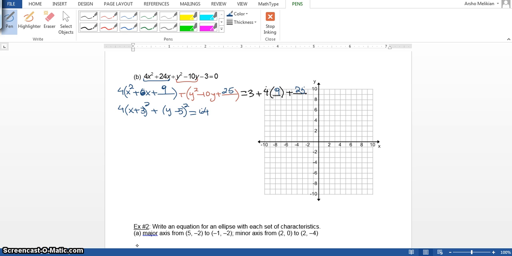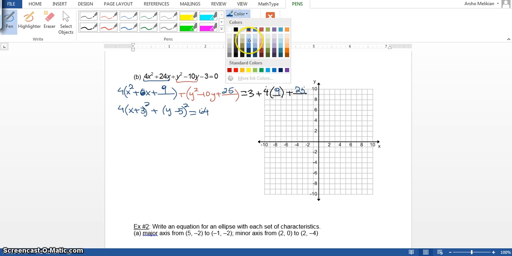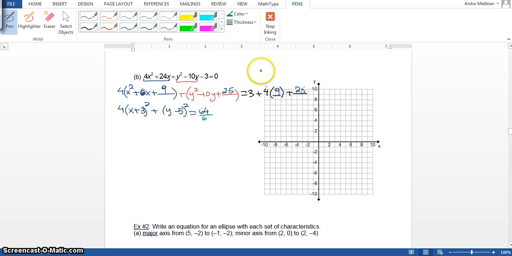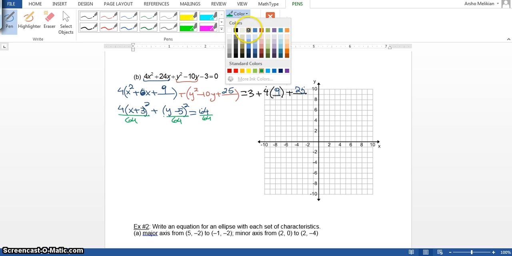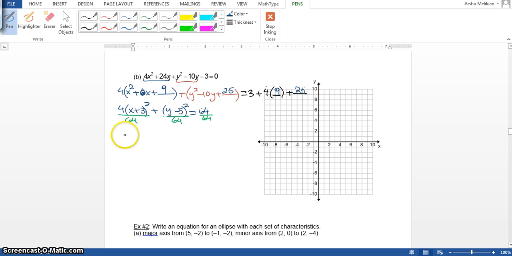Yeah. Now, the equation of an ellipse is supposed to have a 1 here. So I have to divide everything by 64. Finally, my equation will be x plus 3 squared over 16 plus y minus 5 squared over 64 equals 1.